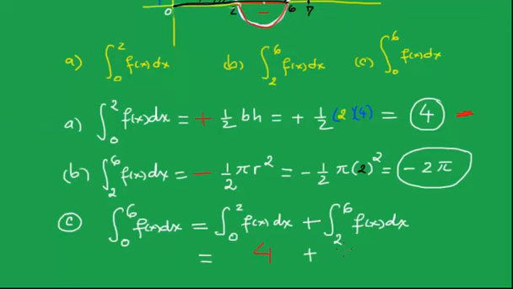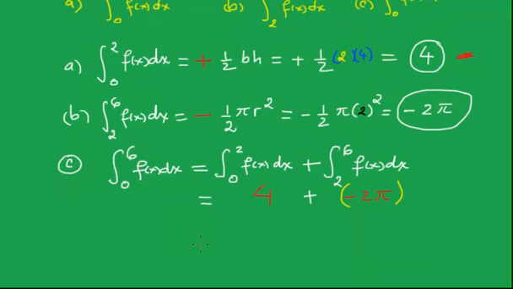So plus negative 2 pi. Let me write this in parentheses. So we have 4 minus 2 pi as the answer. So the integral from 0 to 6 of f of x dx equals 4 minus 2 pi.